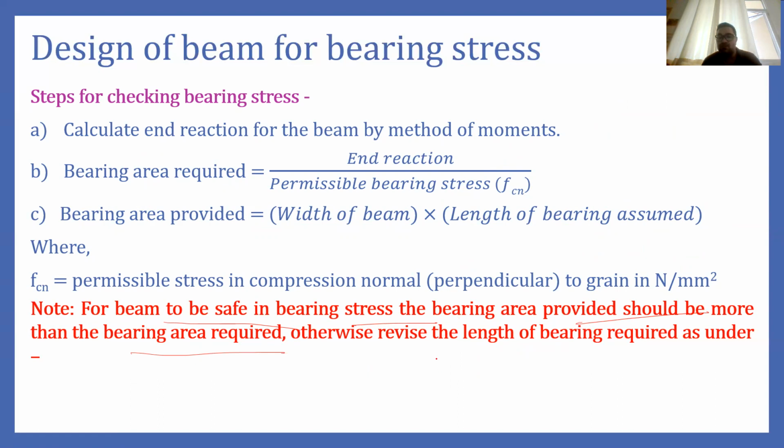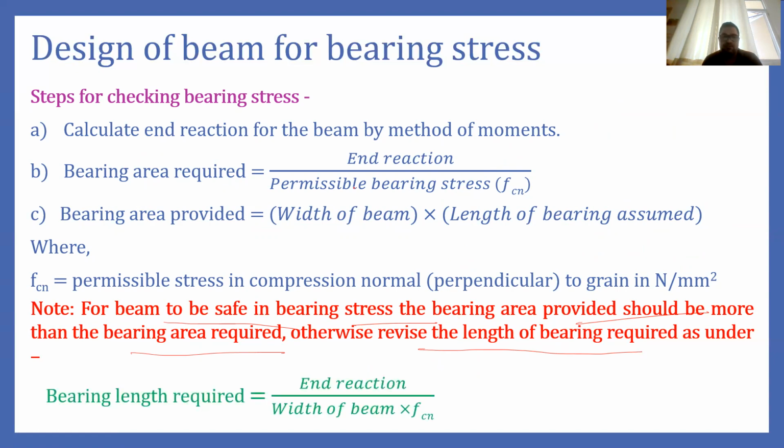Otherwise, we have to revise the length of bearing using the relation. We have just rearranged the equation: bearing length required is equal to end reaction upon width of beam multiplied by permissible perpendicular stress in compression.